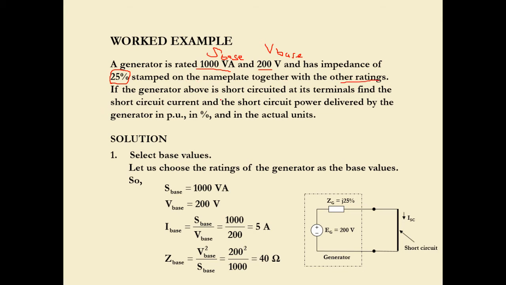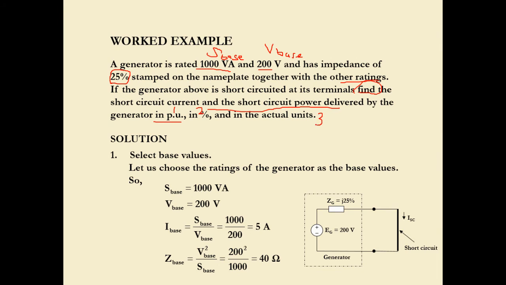If the generator above is short circuited at its terminal, find the short circuit current and the short circuit power delivered by the generator in PU, in percentage, and also in actual value.